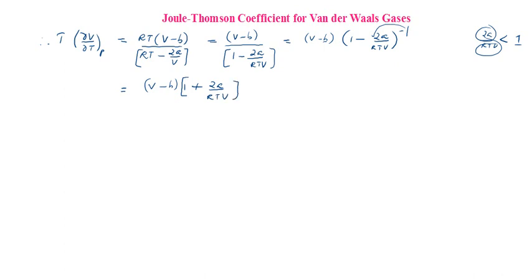Which, if you open the bracket, is equal to v minus b plus 2a into v minus b by RTV. Now we make further simplification here.